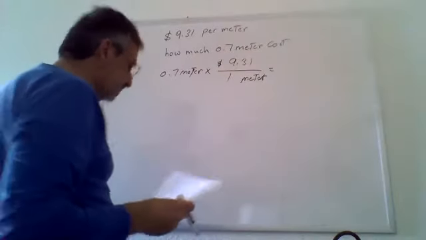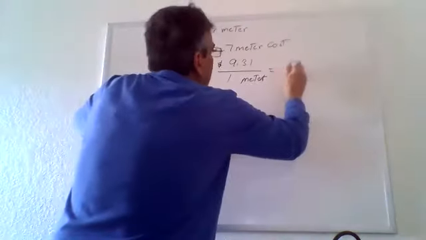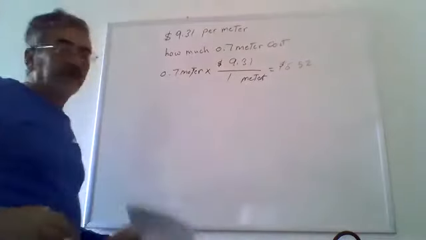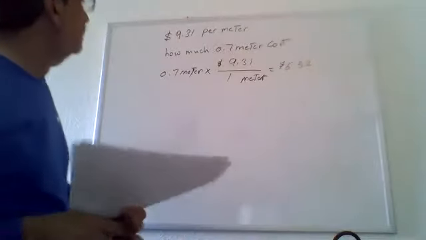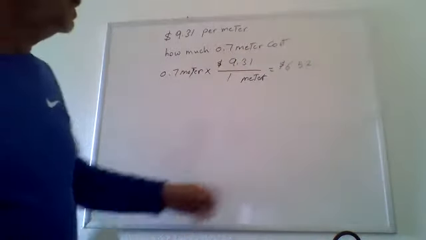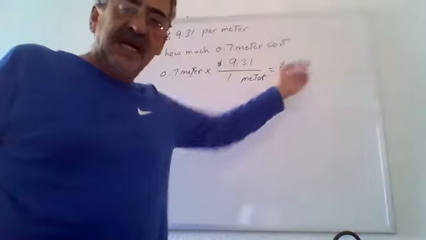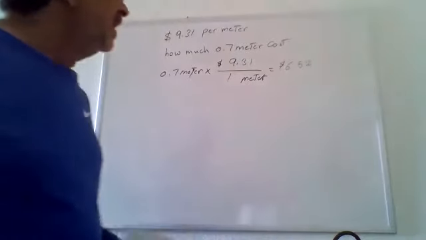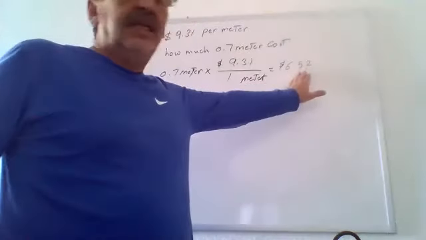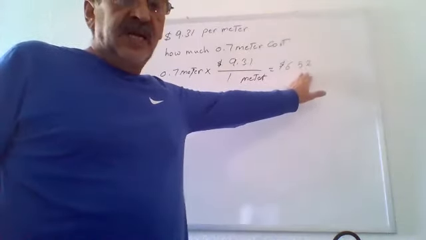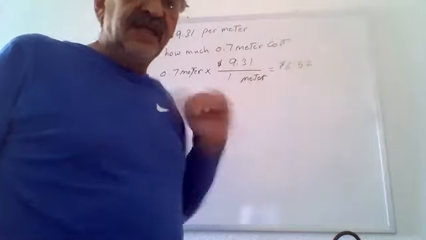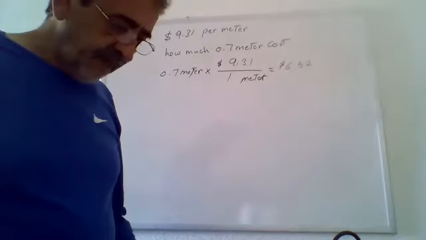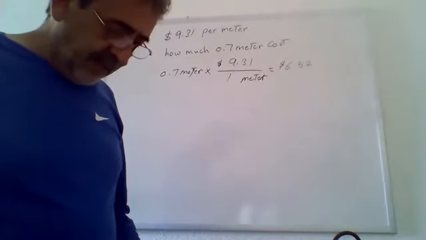In this case, the answer is $6.52. So if Sid wants 0.7 meter, it will cost him $6.52. Now remember, every time you're talking about money, you want to round your answer to two decimal places, whether they say so or not. Any question on that one?